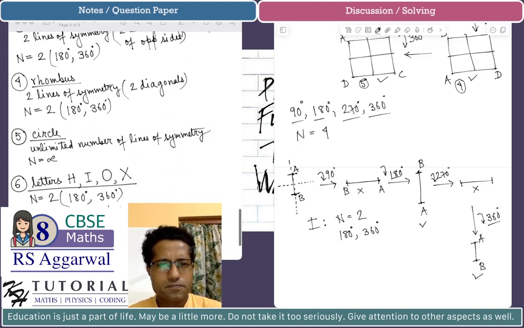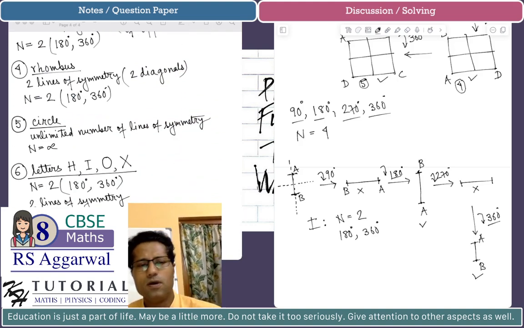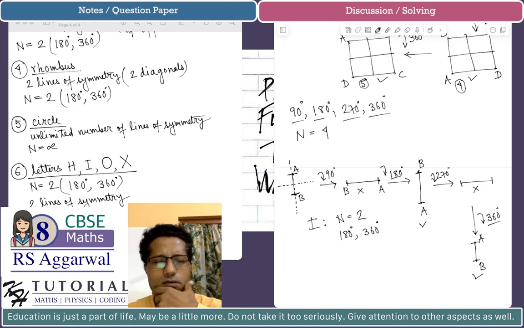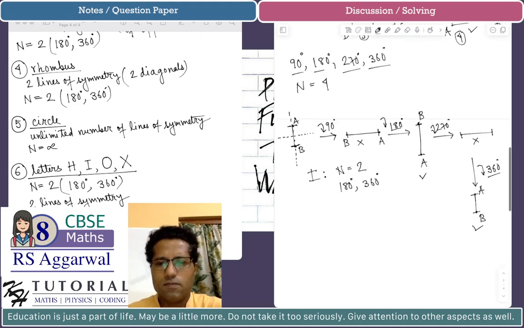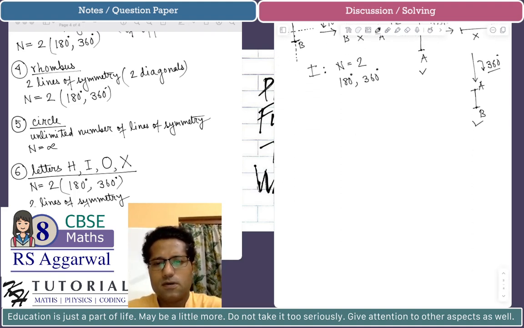For a rhombus, we know a rhombus has two lines of symmetry, which are its two diagonals. Both the diagonals of a rhombus are a line of symmetry. Let me discuss the rhombus. So a rhombus is a quadrilateral having all four sides equal, and the diagonals bisect each other at 90 degree.